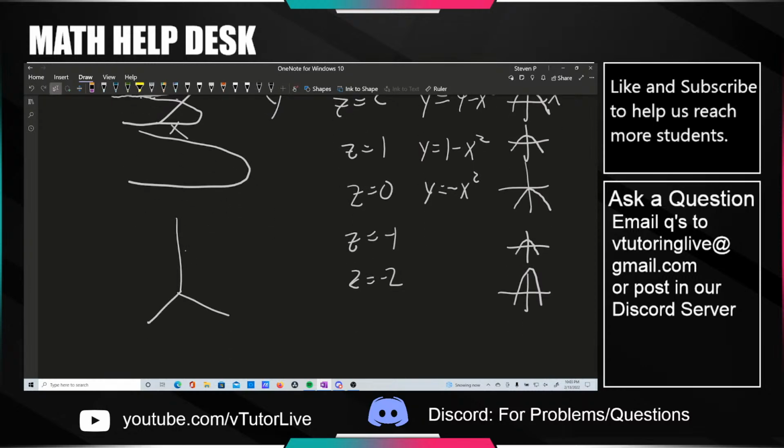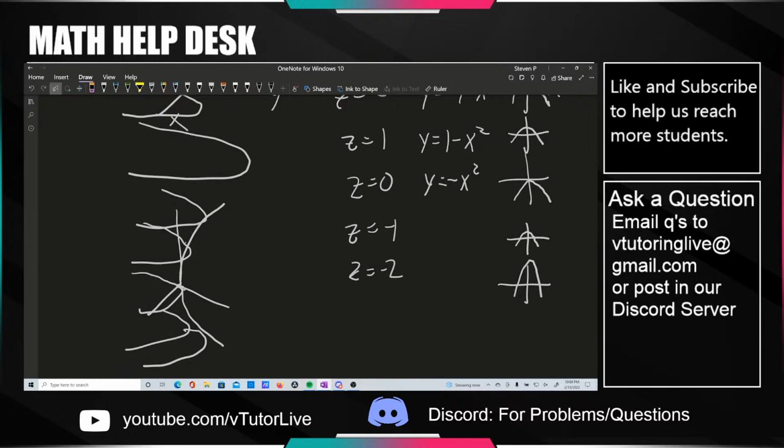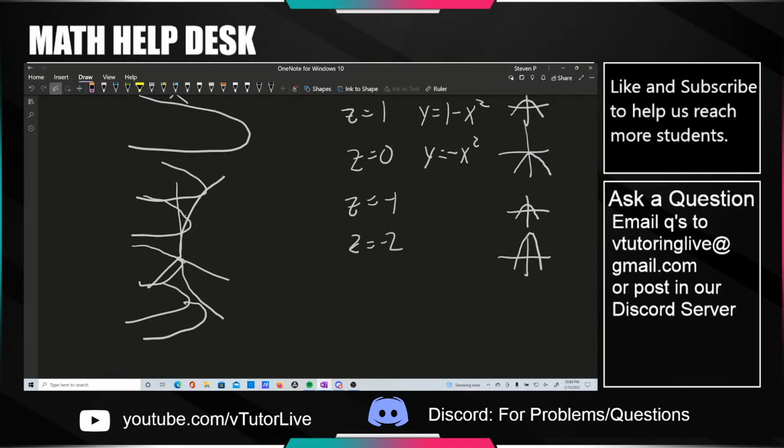But it kind of looks like, right... It's so hard to draw, especially sideways. I think we had an example like this before, but it kind of looks like a bunch of parabolas dangled from a big parabola. Right. It kind of looks like a saddle.